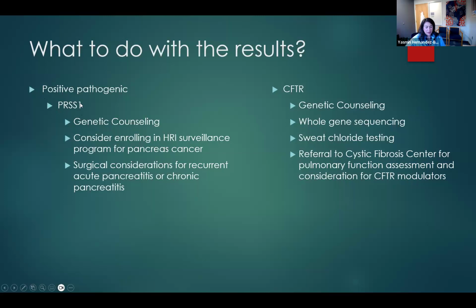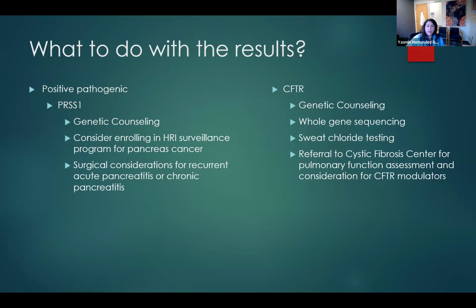If I have a positive pathogenic mutation in PRSS1, which is associated with hereditary pancreatitis, I will refer to a genetic counselor. These patients are at higher risk of developing pancreatic cancer. The thought was that it was 40 times higher than the general population. It's probably a lot lower, especially if tobacco use is completely stopped.